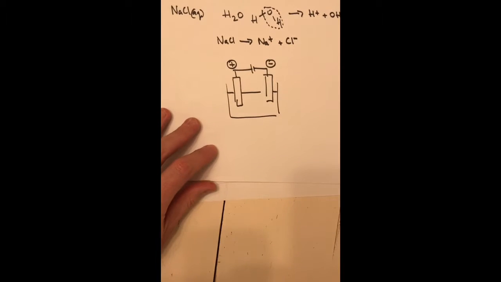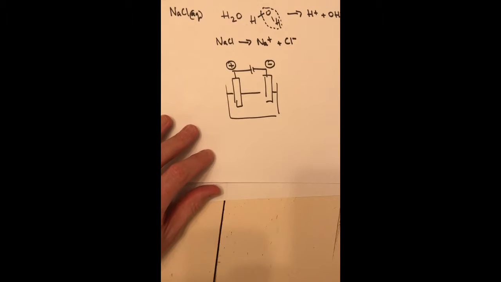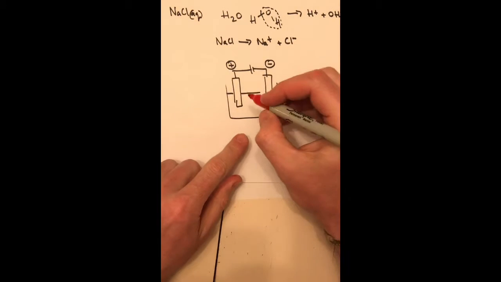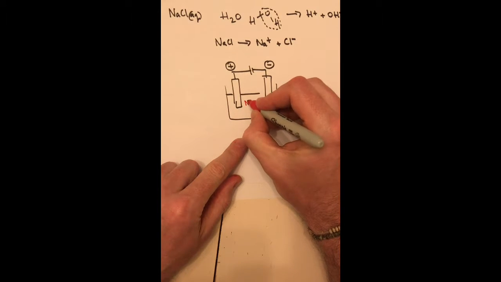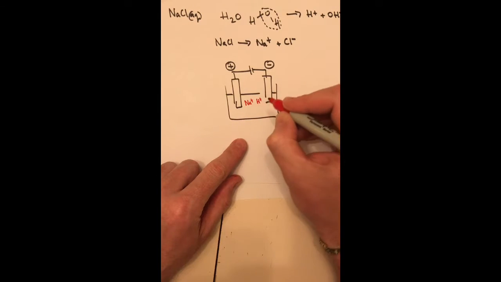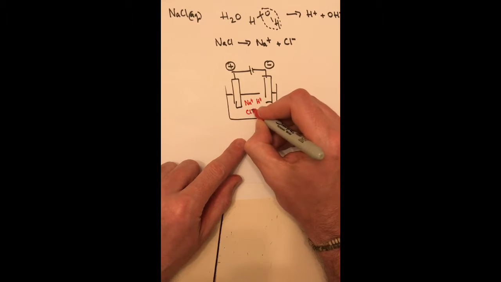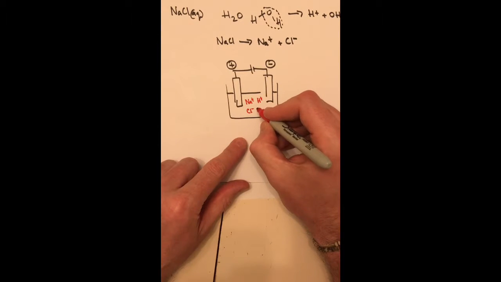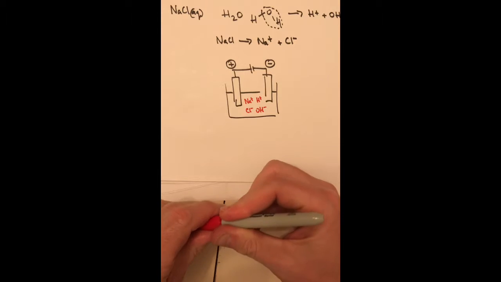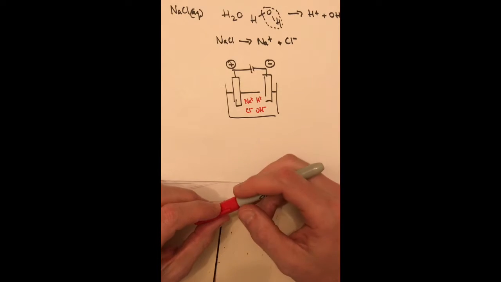Okay, so there are my 2 electrodes, positive electrode, negative electrode, and inside here, if you remember, we have got Na+, we have got H+ from the water, we've got the chloride ion, and we have got a hydroxide ion, all now loose, all now moving about inside here.